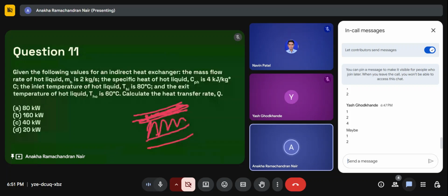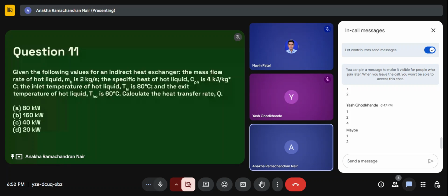In this case, the mass flow rate of hot liquid is 2 kg per second. Specific heat of hot liquid is 4 kilojoule per kg per degree Celsius. Inlet temperature is 80 degrees Celsius and exit temperature is 60 degrees Celsius. So if you know the formula, you can calculate this. The heat transfer rate is given by this formula, and you have to substitute the given values.